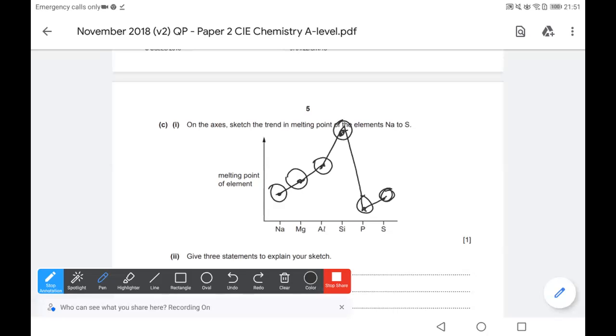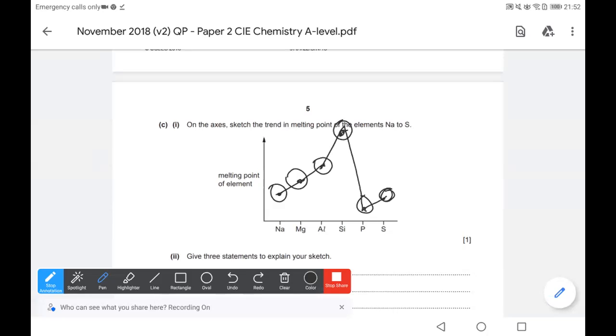They have lower melting and boiling points than all the others, but sulfur has a higher one than phosphorus, because sulfur has stronger interactions than phosphorus, since the mass of sulfur is high.